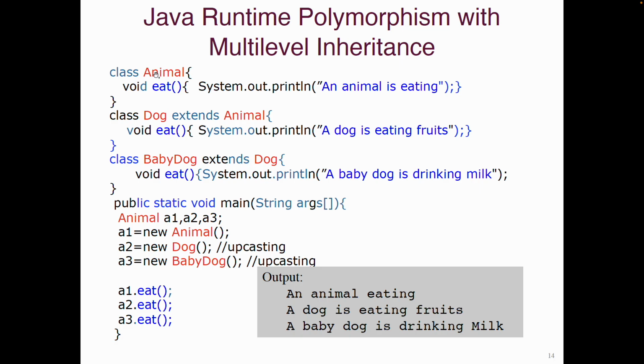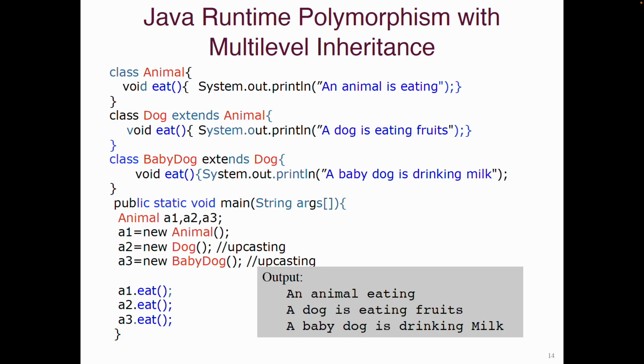So we have Animal as the superclass, its subclass is Dog, and its subclass is BabyDog. And now we create three objects: a1 is new Animal, a2 is new Dog, a3 is new BabyDog. All of them will be acceptable because BabyDog is a Dog and Dog is an Animal. So that's why I can say Animal a3 = new BabyDog.